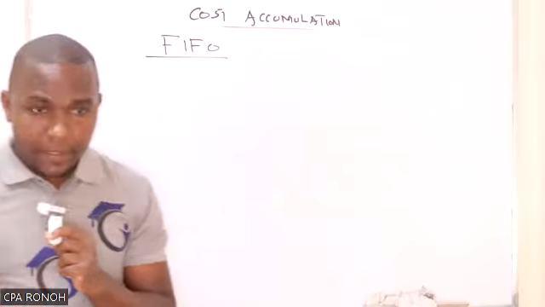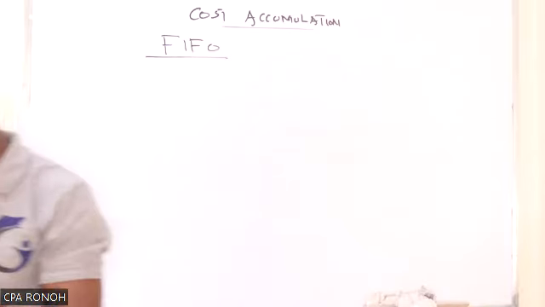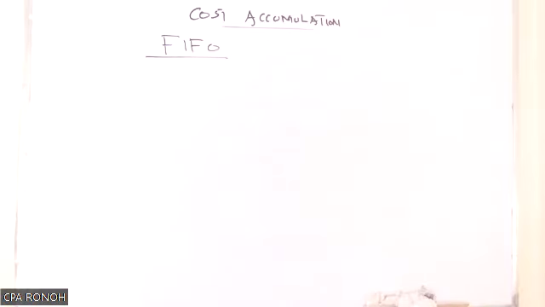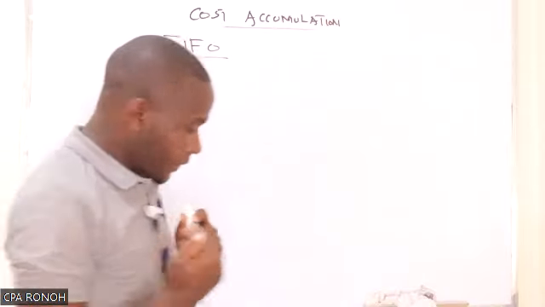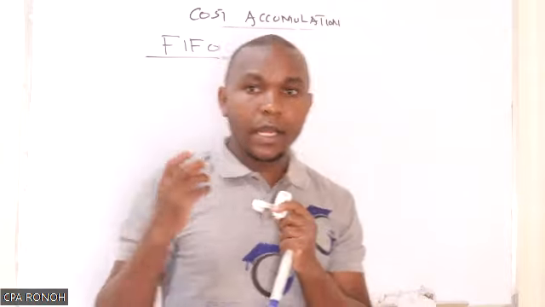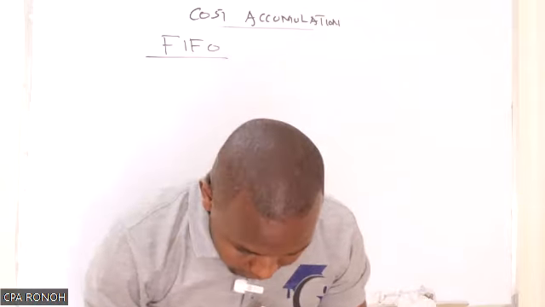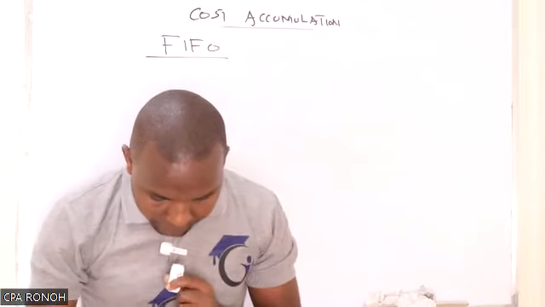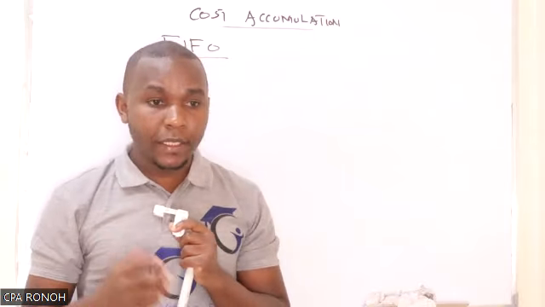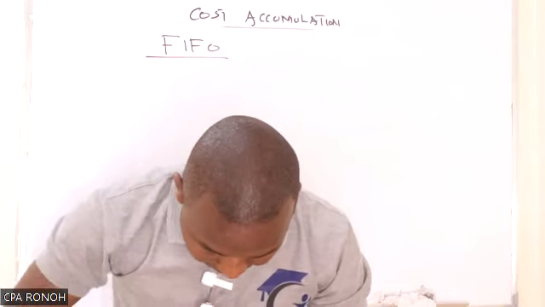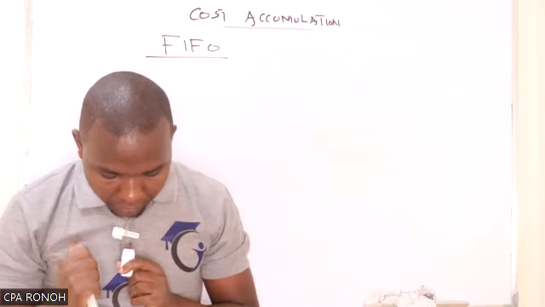This first in, first out method is that the first product you receive will be the first one you issue. I think it will minimize the wastage of the product, but this one will not apply to perishable goods. So you can say this is a method of stock valuation.